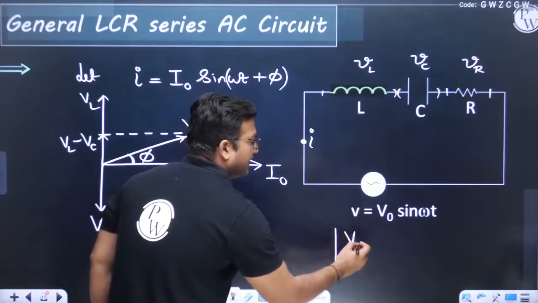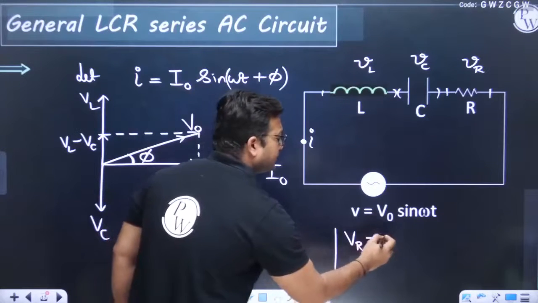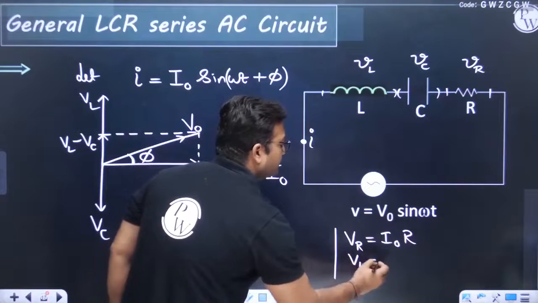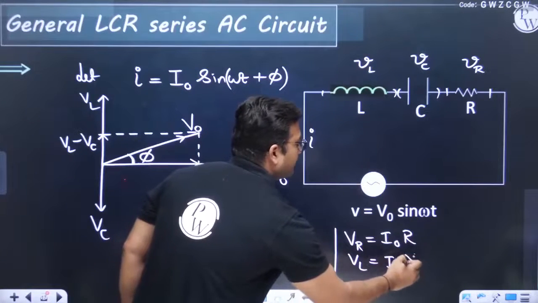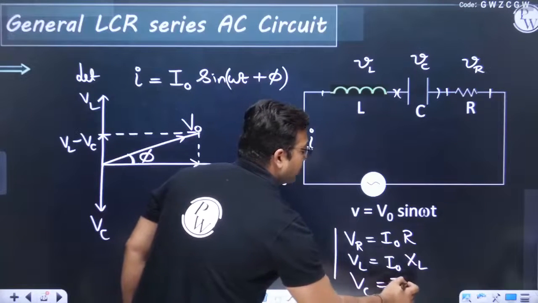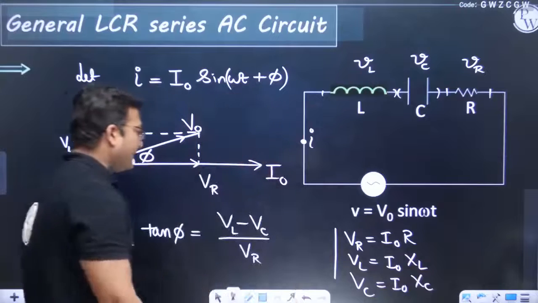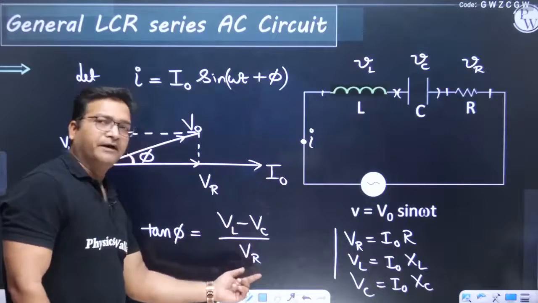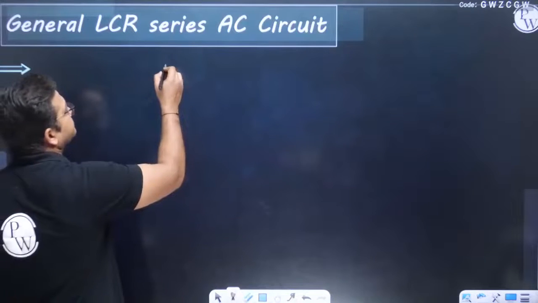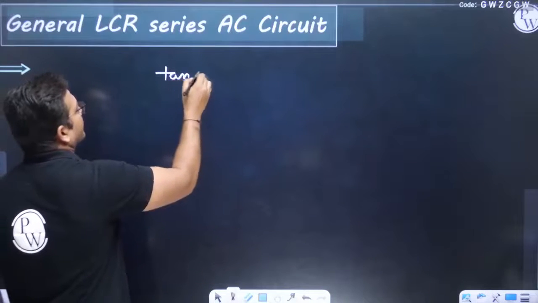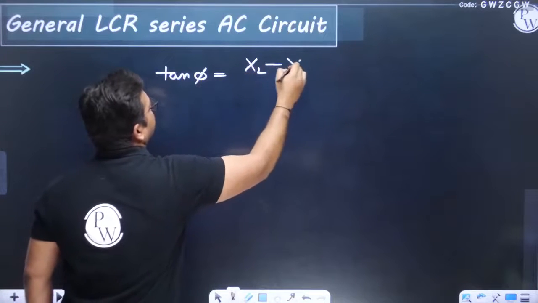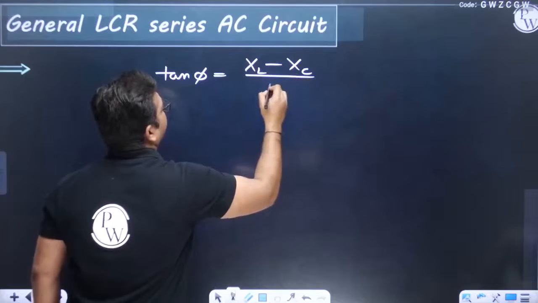The VR, maximum voltage across resistor, was equal to I naught times R. The VL was equal to I naught times XL and VC equals I naught XC. Replace VL, VC and VR by these values and you will have tan phi equals XL minus XC divided by R.